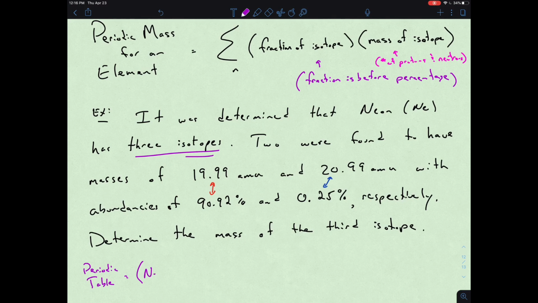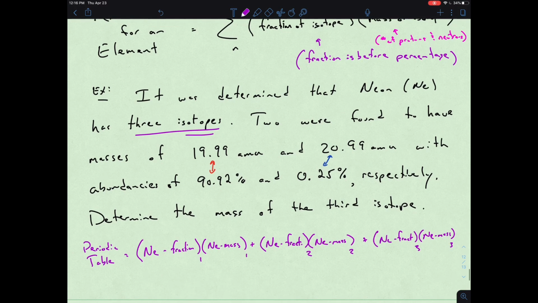So we could say that we have neon fraction times neon mass, and that could be for the first isotope. Then we would have that plus our neon fraction times our neon mass for the second. And then lastly, our neon fraction times the neon mass for the third isotope.